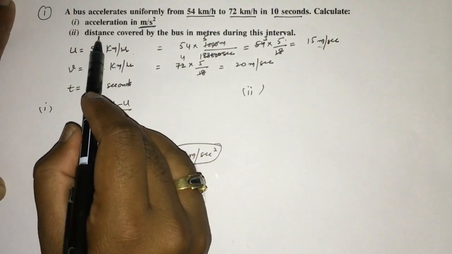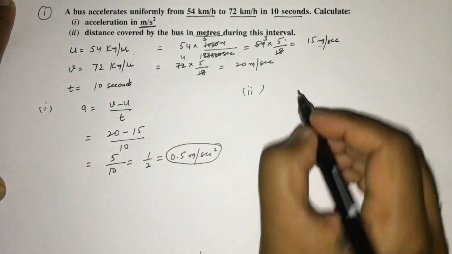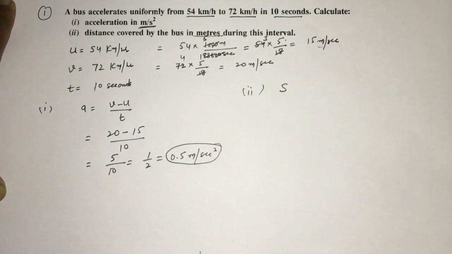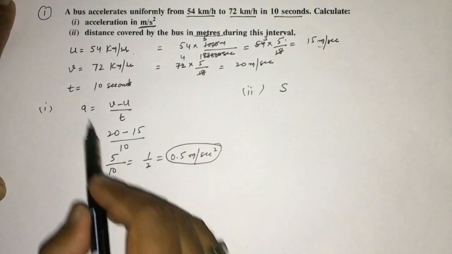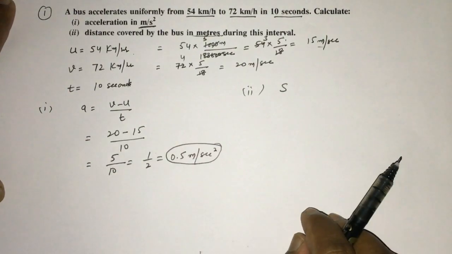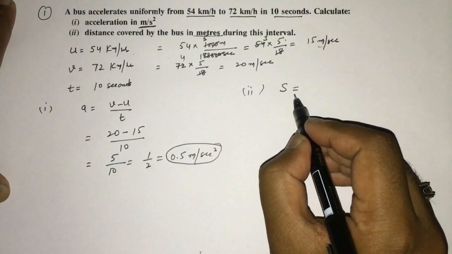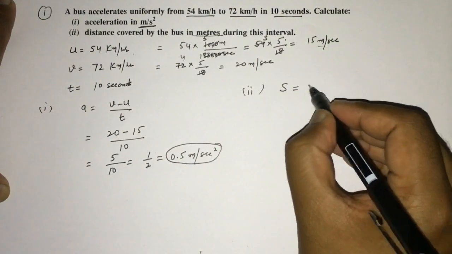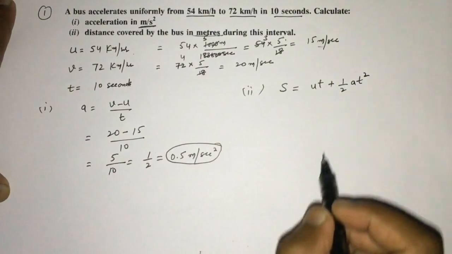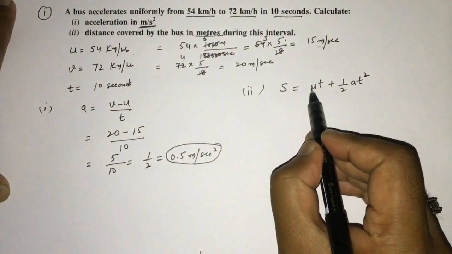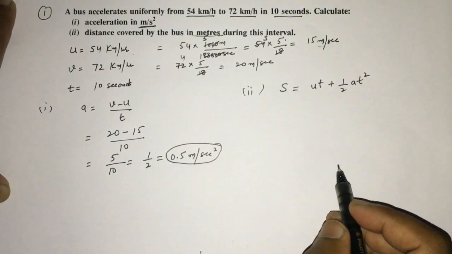Now the second part is to calculate the distance covered by the bus in meters. So distance means s. Now look, we have the value of u, we have the value of v, we have the value of a also. Now we know that s is equal to, using the second equation of motion, ut plus half at square, where u is the initial velocity, t is time, a is acceleration and s is distance.